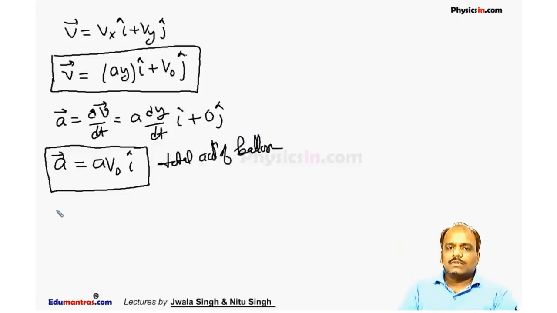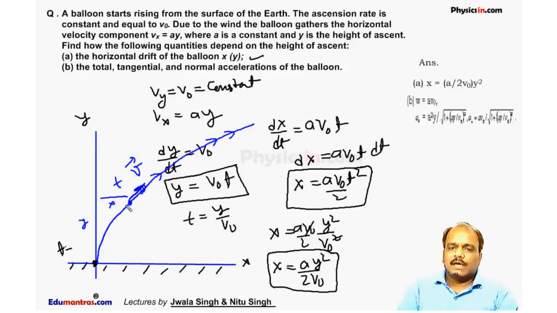Now first we have to calculate the tangential acceleration. Now if we see this figure, the acceleration of the balloon is along x-axis. This is the acceleration of the balloon. Let this angle be theta. So now we can say the tangential acceleration of the balloon is this. This is at and this is an. This is the normal acceleration.